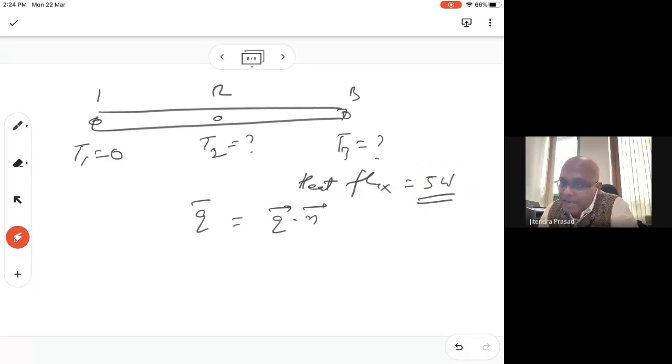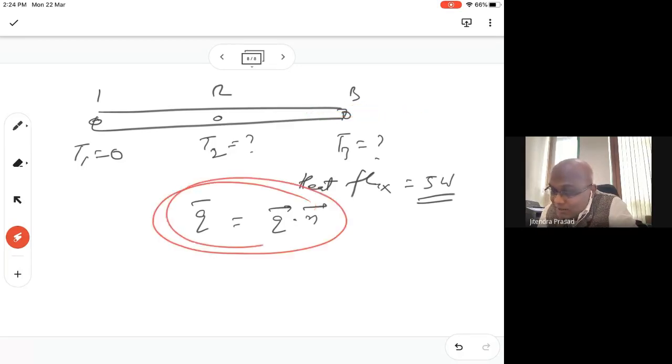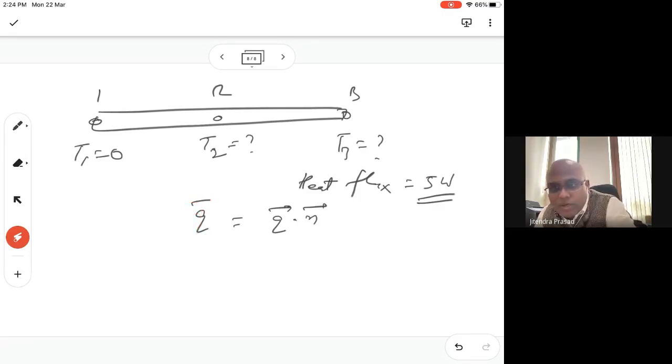If just 5 watt is given, that means it is going out. This is how the positive is written, but typically you write like this, so this gives you Q bar. So you tell me which problem we are talking about.